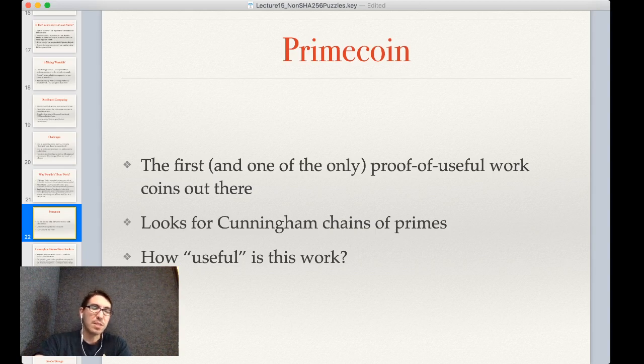I don't want to disparage any mathematicians out there, but the question then becomes, how useful is this work, looking for chains of prime numbers? And I think, again, you can certainly make an argument that this could be useful and interesting. However, it's not exactly the same as calculating protein folding.